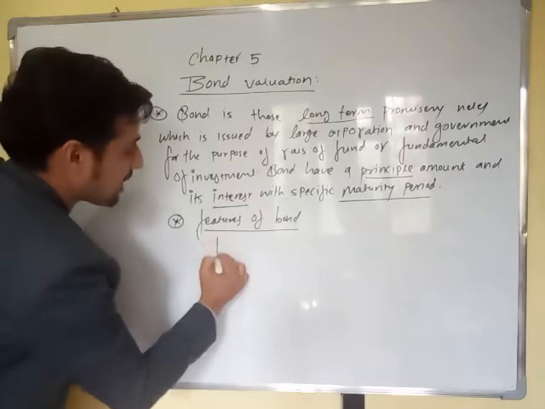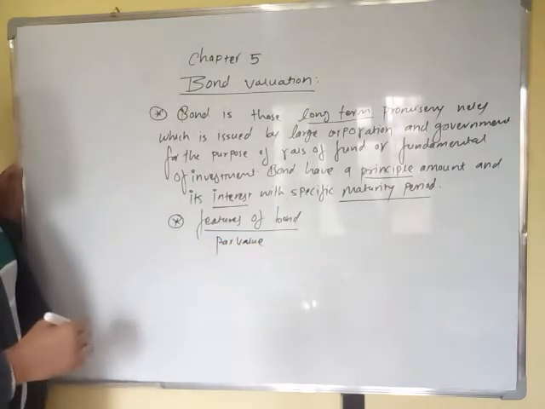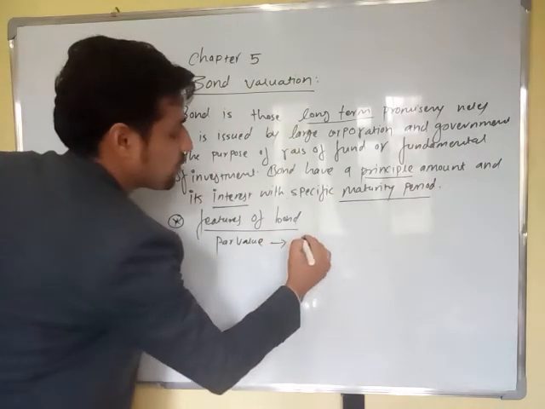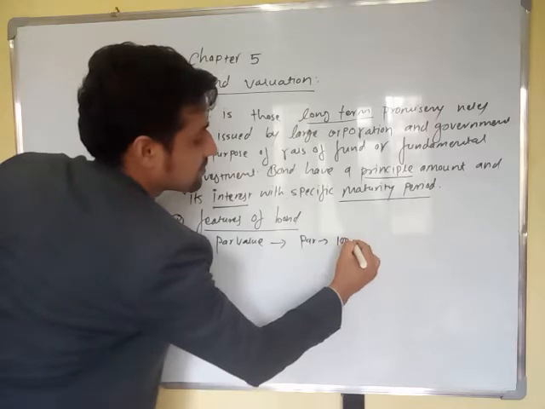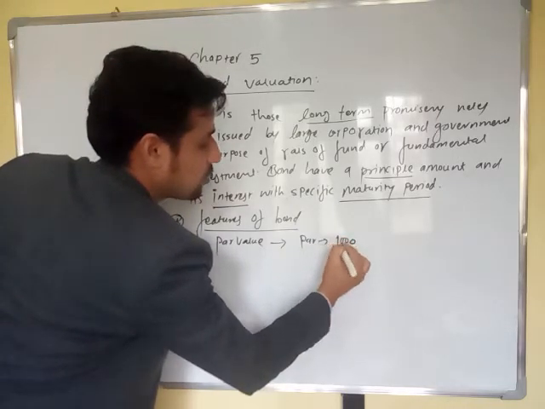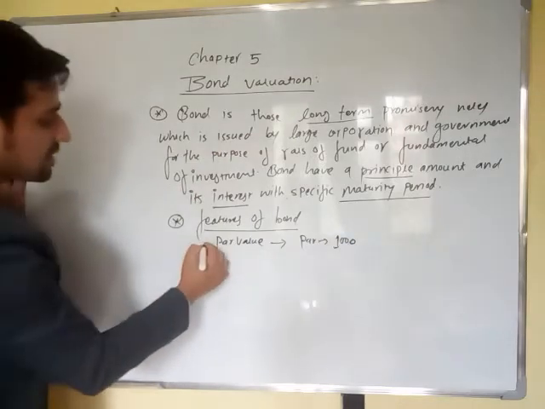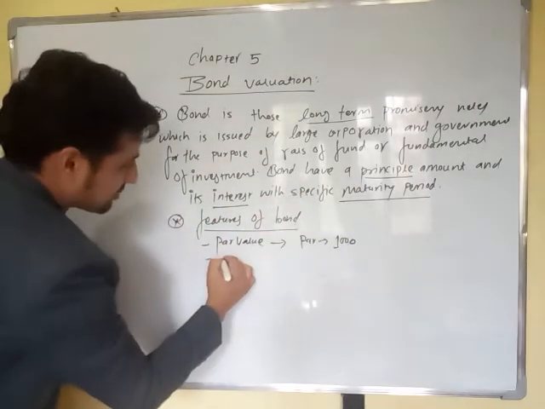First one is par value. Always, bond par value is 1000. Next one is the interest rate.